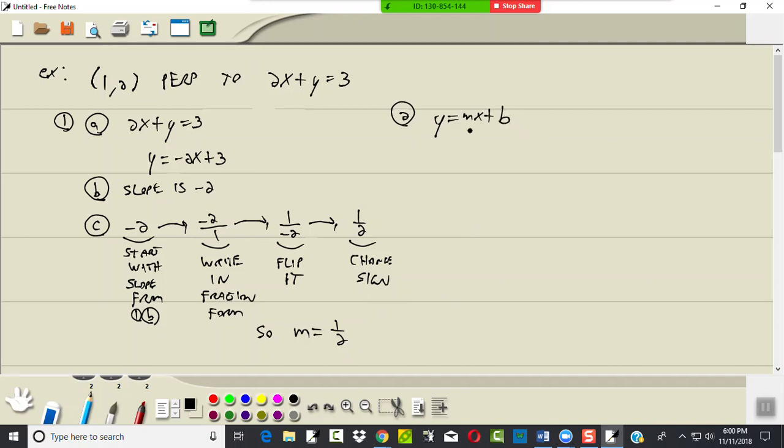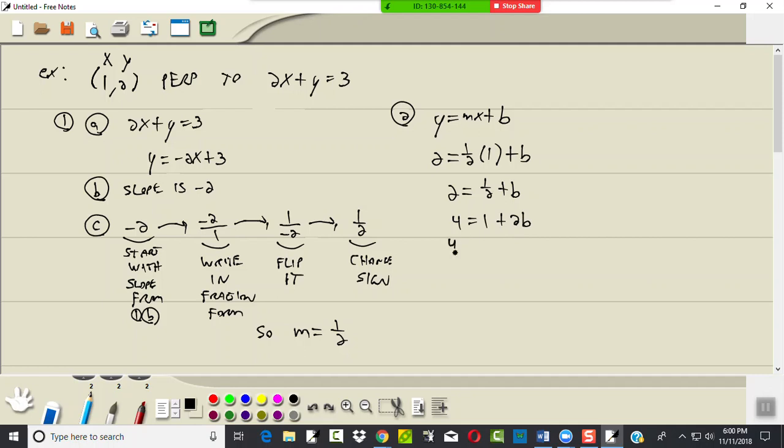Then step 2, plug in the given point for x and y. So plug that in for x, plug that in for y. So we got 2 equals m, which is 1/2, times x, which is 1, plus b. 1/2 times 1 is 1/2 plus b. I can multiply everything by 2. 2 times 2 is 4. 2 times 1/2 is 1, plus 2b.